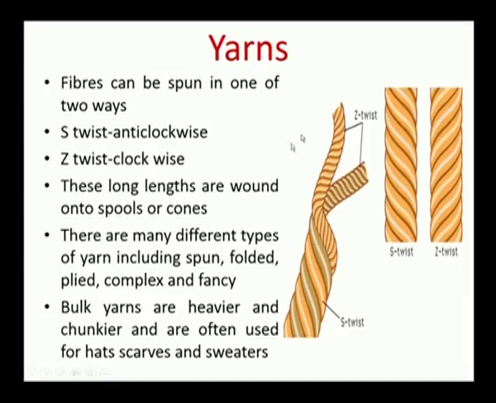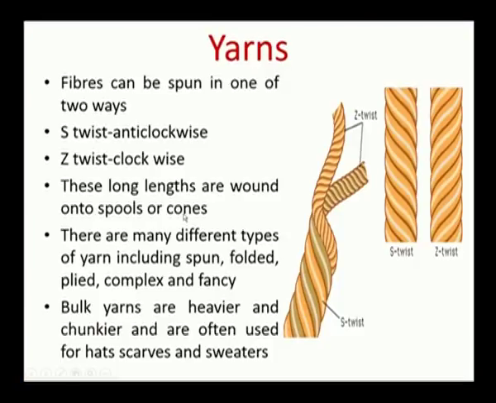Again, the yarns shown here, these two fiber materials, are S twist and Z twist, which can be combined together to produce a very big or stronger fiber material, generally known as yarns. The fibers can be spun in one of two ways. Number one is S twist, anti-clockwise, or Z twist, which is clockwise. The rotation means, if you are taking fiber material to make it into yarn, you can do it in two ways.